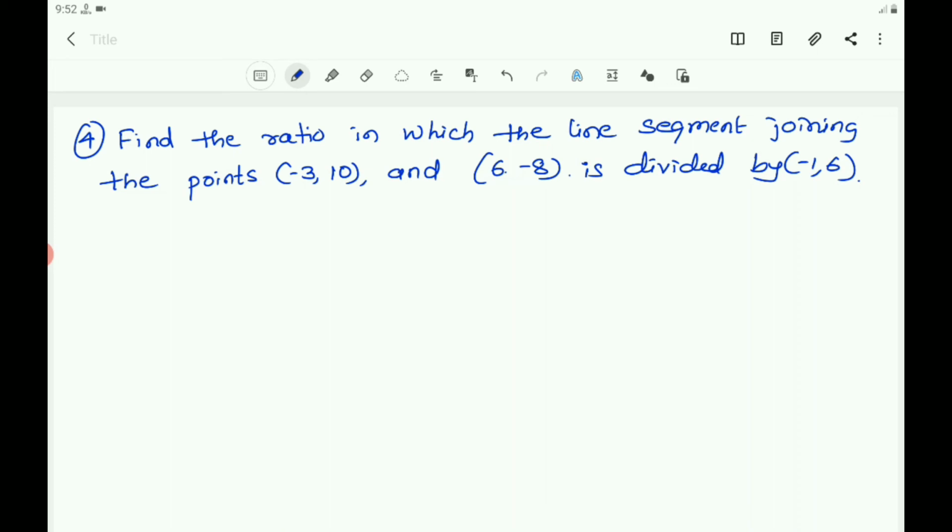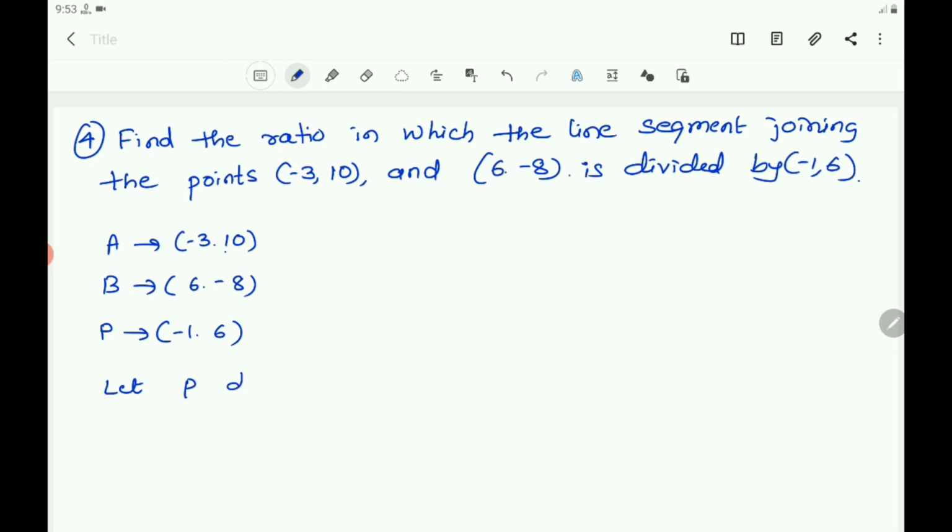Now, let A be the point with coordinates (-3, 10), and B the point with coordinates (6, -8), and let P be the point which divides the line joining A and B, with coordinates (-1, 6).